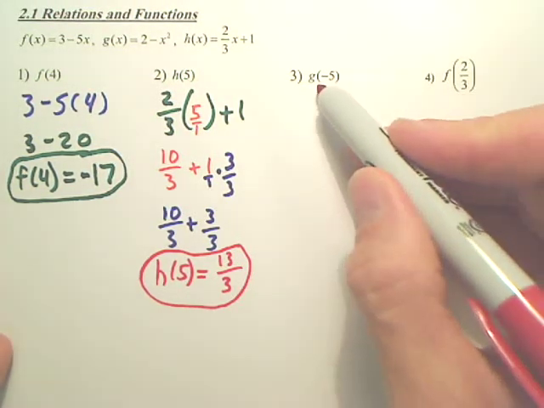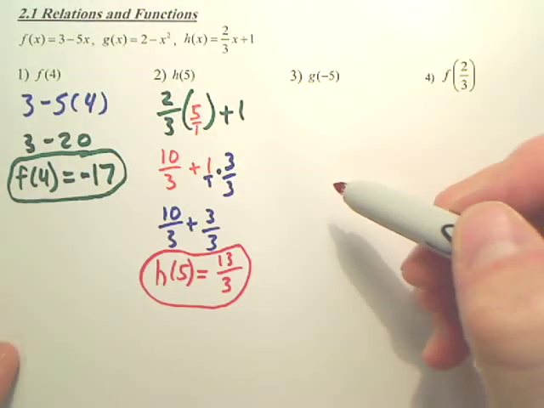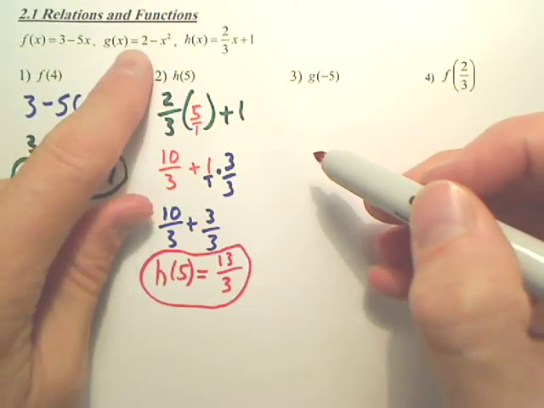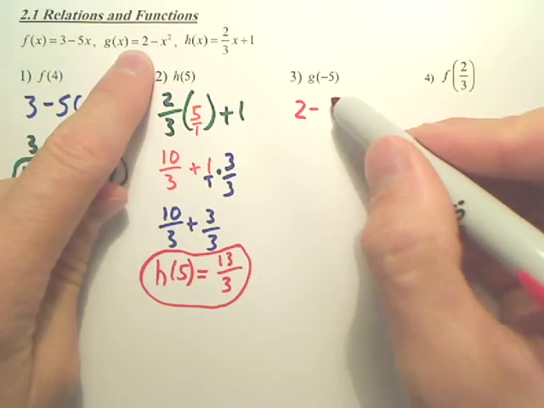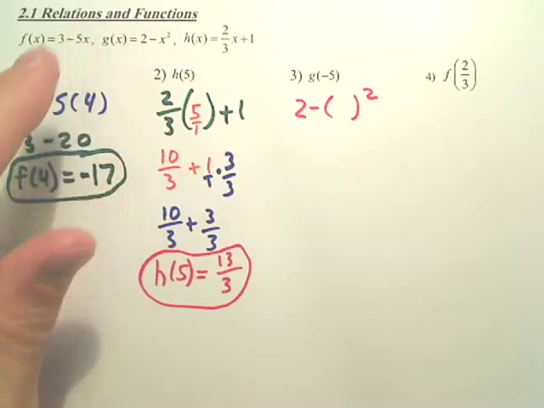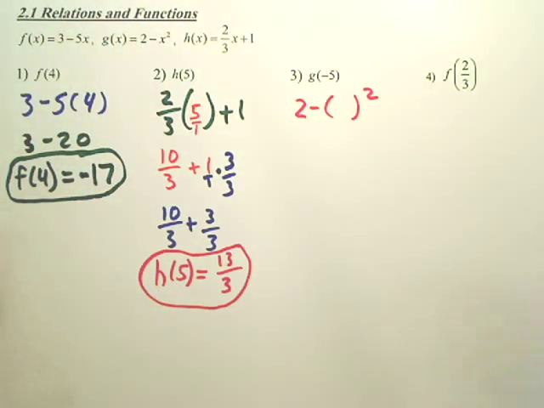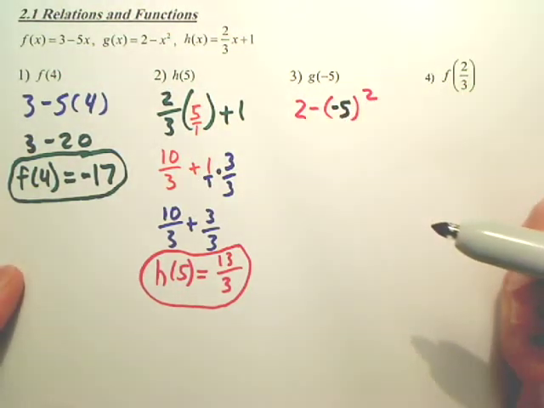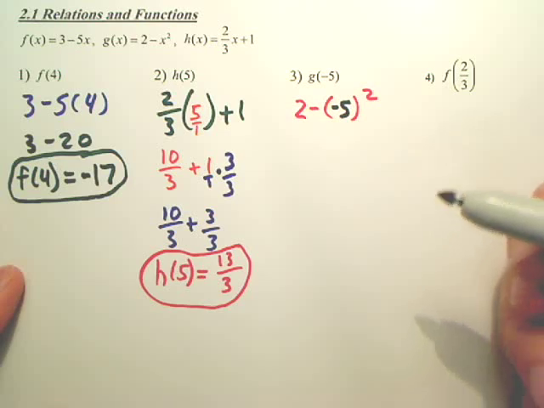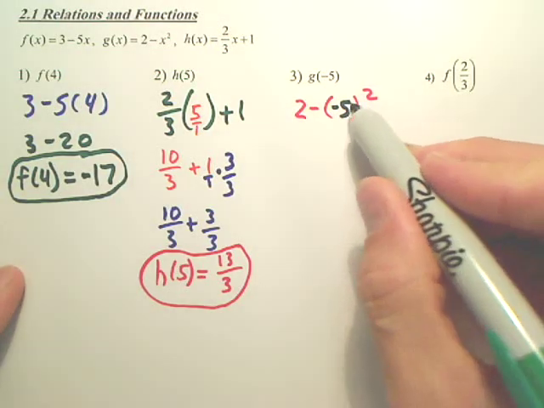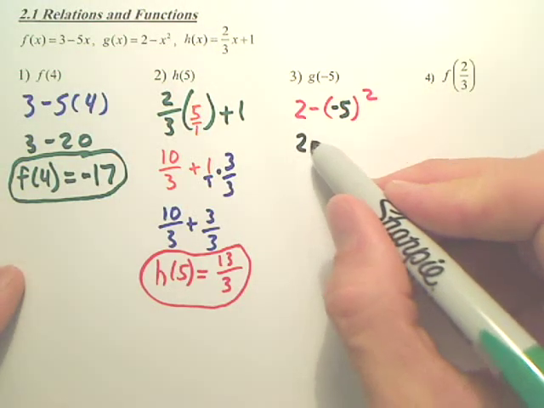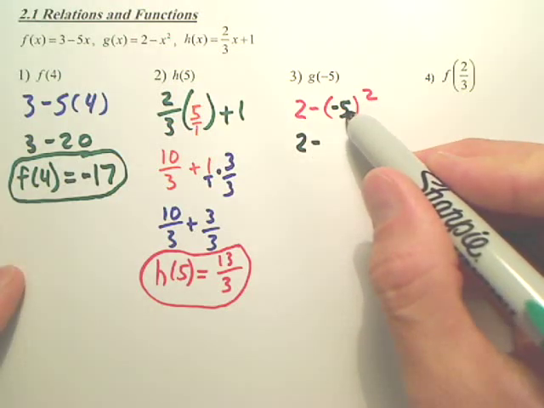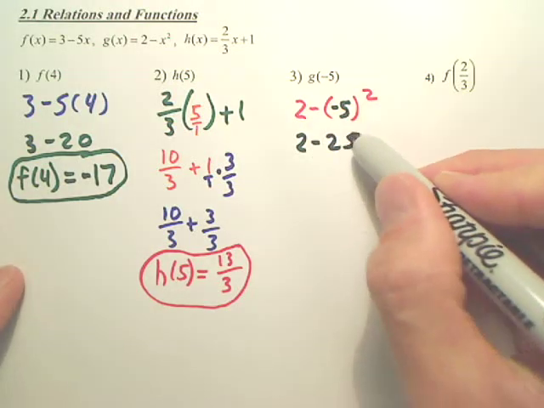All right. G of negative 5. Which equation are we using? G. And what are we plugging into G? Negative 5. Do the math. Well, that's negative 5 squared, so that's 2 minus, what's negative 5 times negative 5? 25.